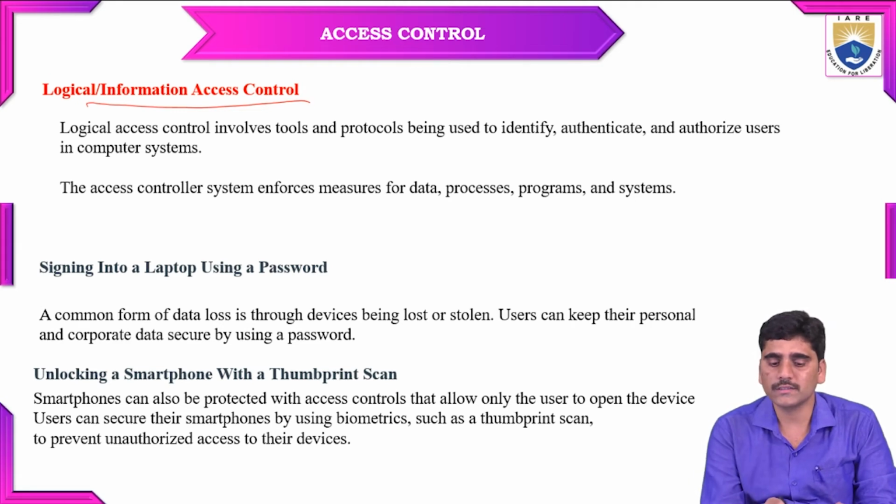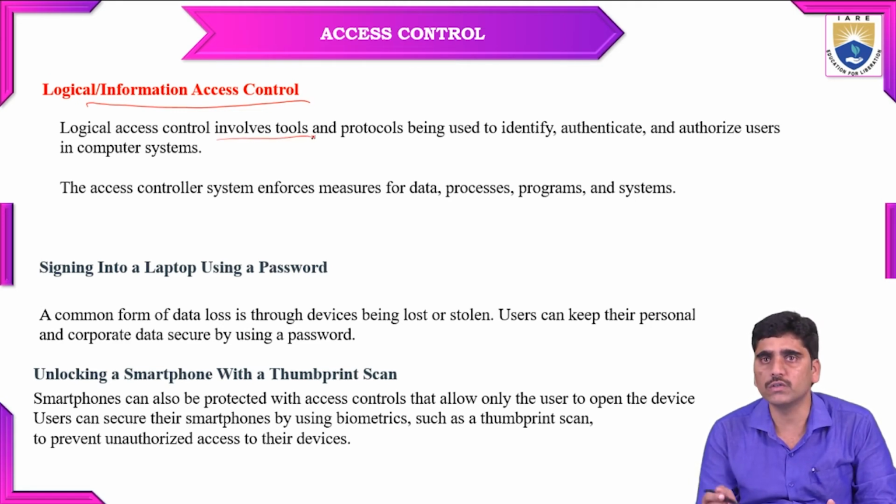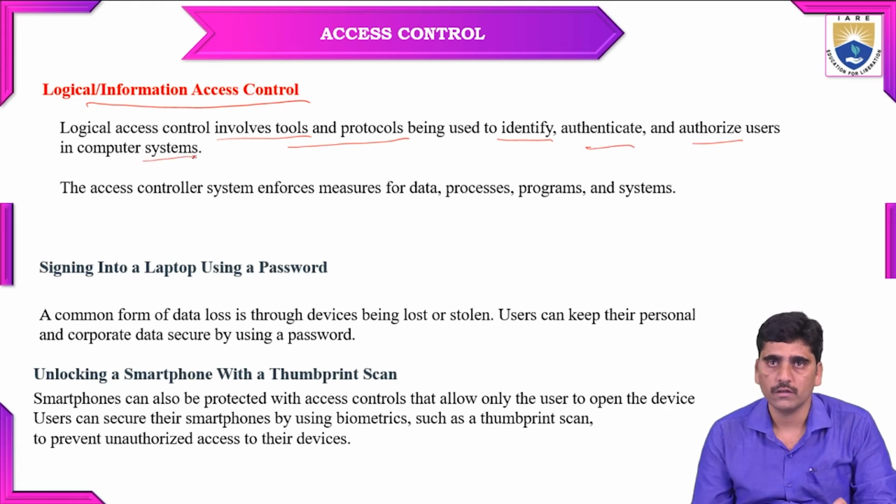Logical access control involves tools and protocols used to identify, authenticate, and authorize users in computer systems. Here the person is not identified; the person's data is identified and verified.